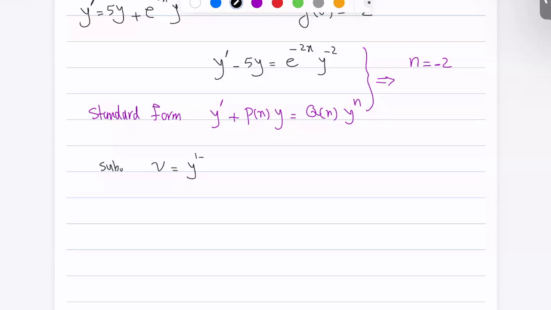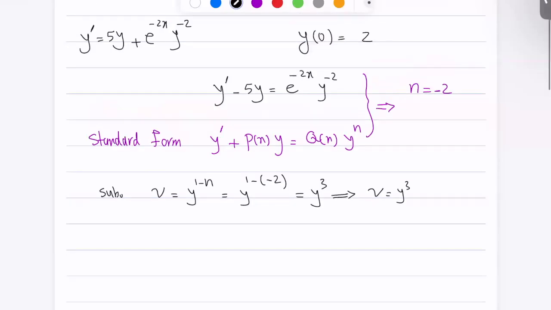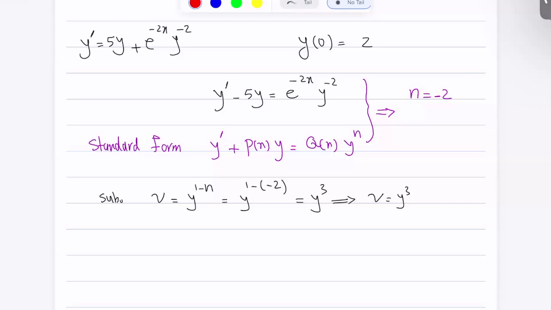That is y to the 1 minus n. And here, n is -2, so v is y cubed. So we have v in terms of y, but what we want to do now is rewrite the differential equation in terms of v, because we know that will turn into something that's easier to solve.